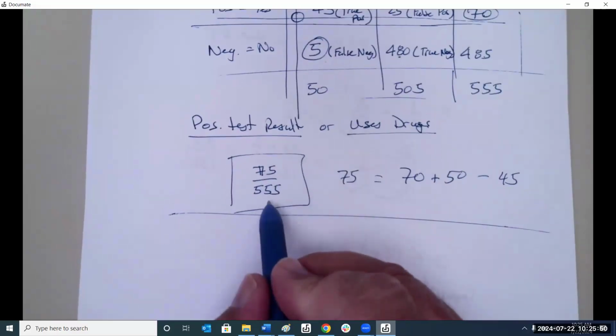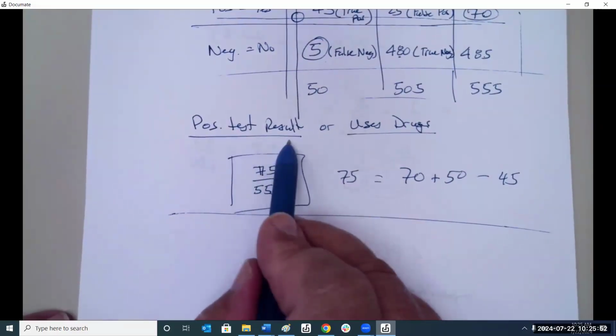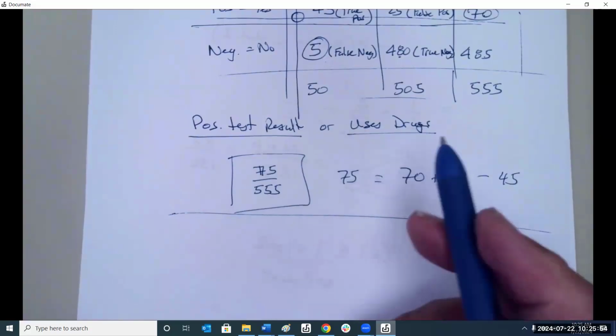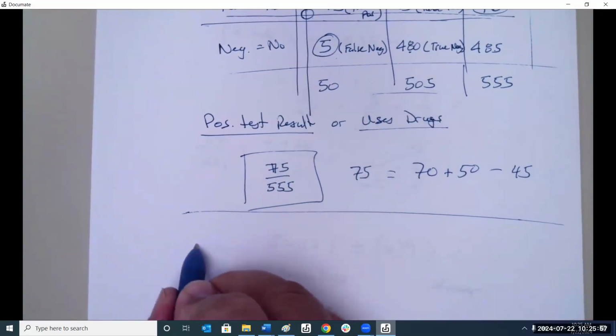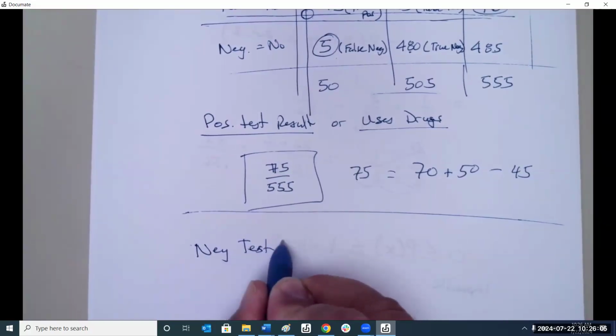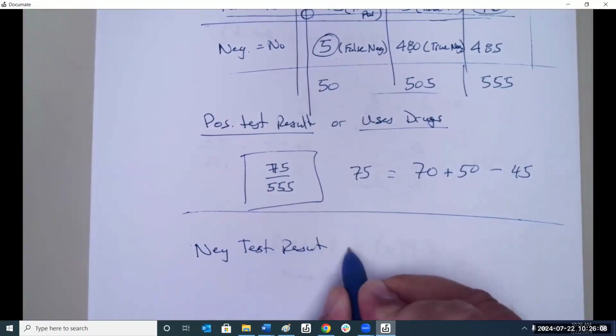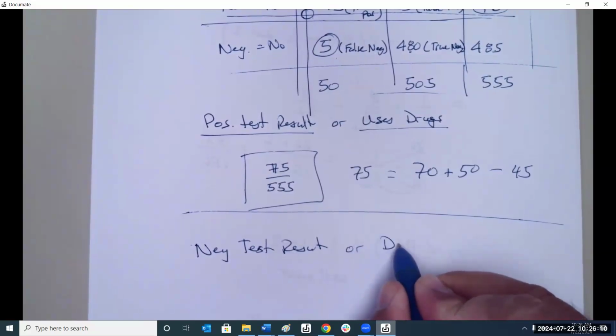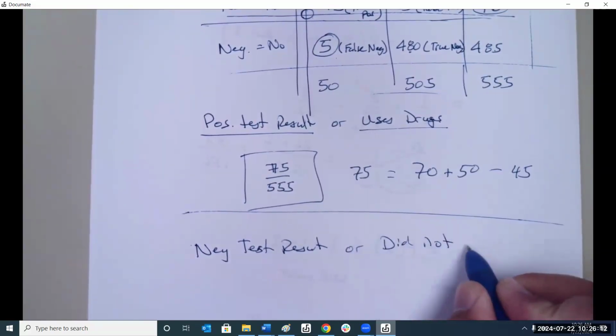So if 75 out of 555 tested positive or used drugs, what's the probability of getting a negative test result or did not use drugs?